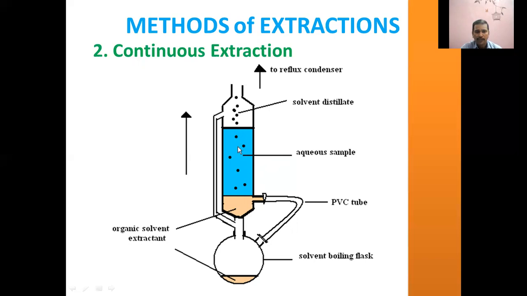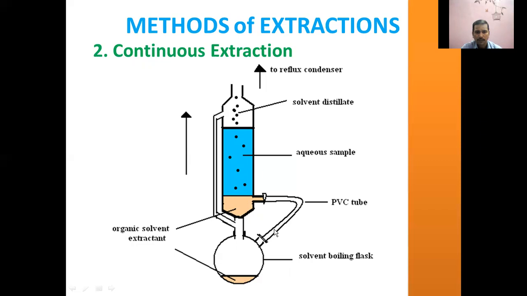Into the extraction assembly, the aqueous sample solution will be taken, and it has a provision for the passage of the vapors of the organic solvent through this particular vent. And once the organic solvent comes back to the extraction tube, it will be transferred back to the solvent reservoir from this particular provision.